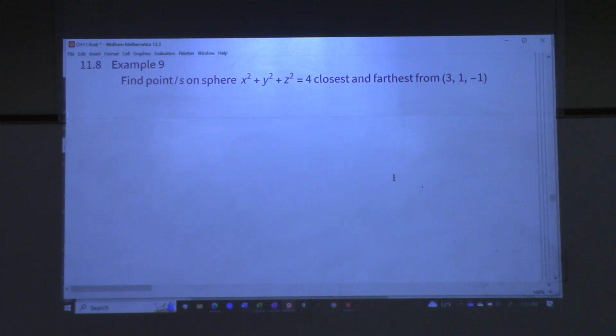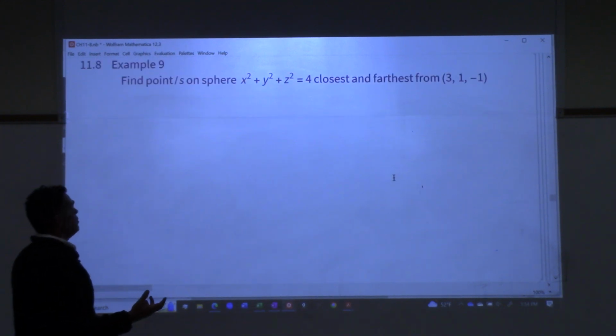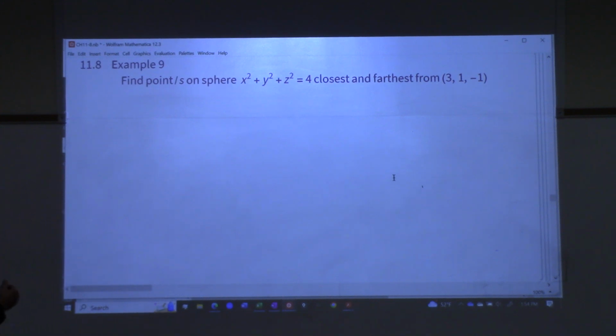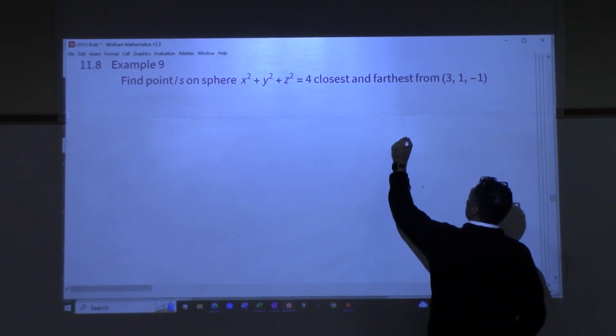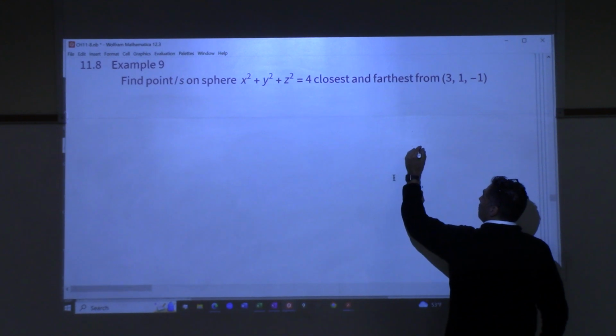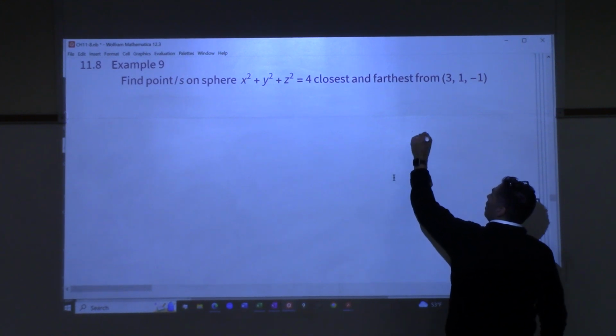For us, what we need to do is somehow turn this into a Lagrange problem. So right away, I hope it's obvious to you that we have a constraint that we have to live on the sphere, right? Our answers must live on the sphere. So my constraint over here on the side, my equation, well, I'm not going to say if it's equation 3 or 4. I'm just going to put the constraint over here.